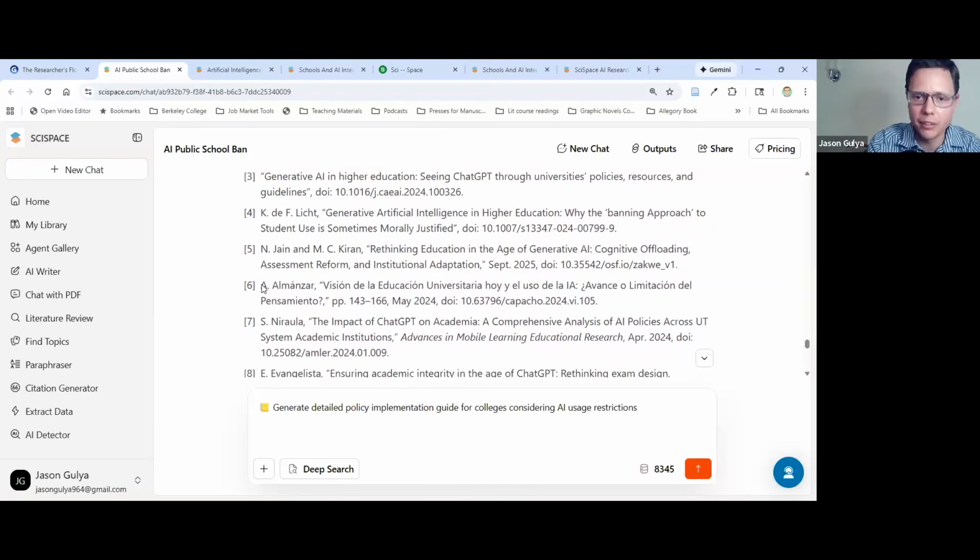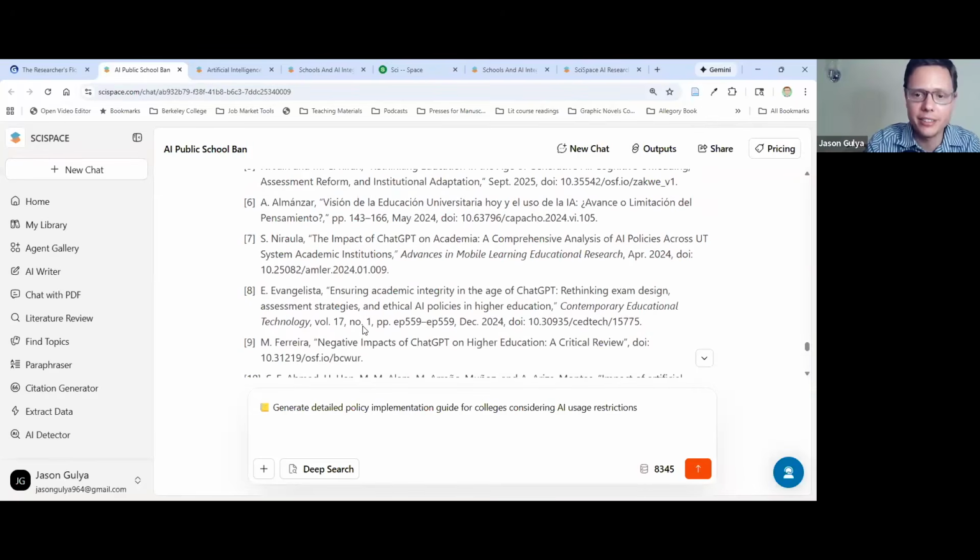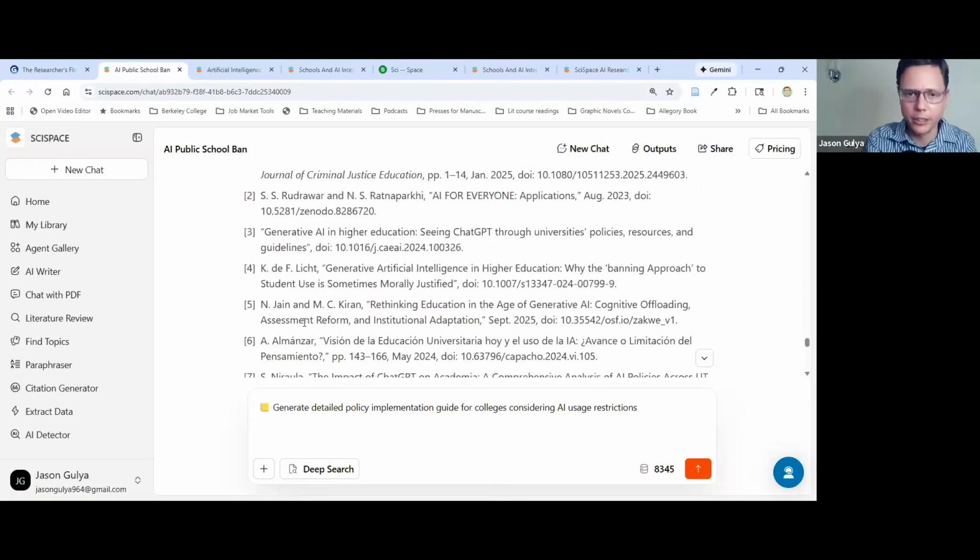And then number six looks mostly okay. Number five looks mostly okay. So this is one of the big things that we can do. And same with number eight, it's from contemporary educational technology. And so here, this is where we start to really save some time. We can say, here are some sources that it found. I'm going to take a look at it. All right. So that's the first thing I do.